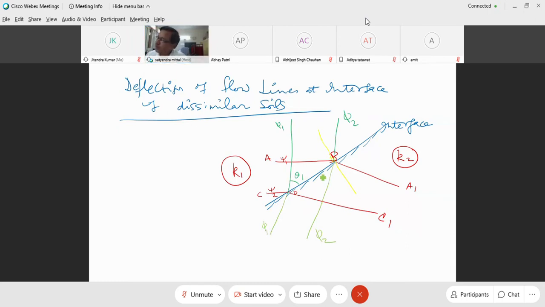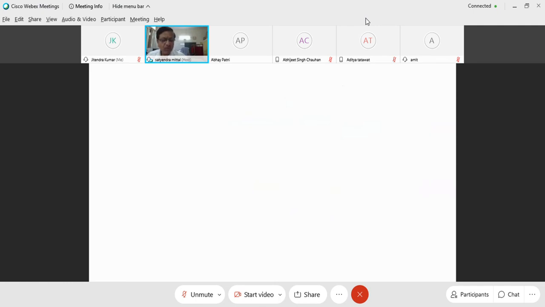So let us say this angle is theta2 and this angle will be theta1, and as per rule this angle shall be 90 minus theta2. This is 90 degree. This is 90 degree. Now this angle will be 90 minus theta2, and this angle is also theta2. So I have now defined almost all the angles.